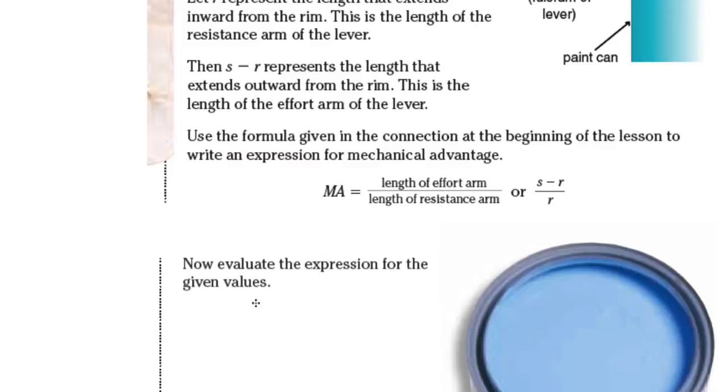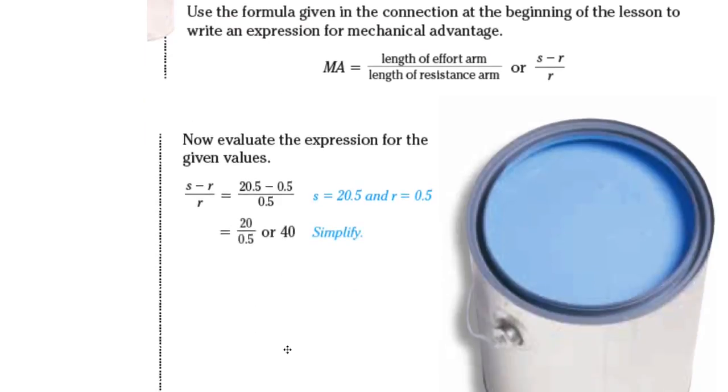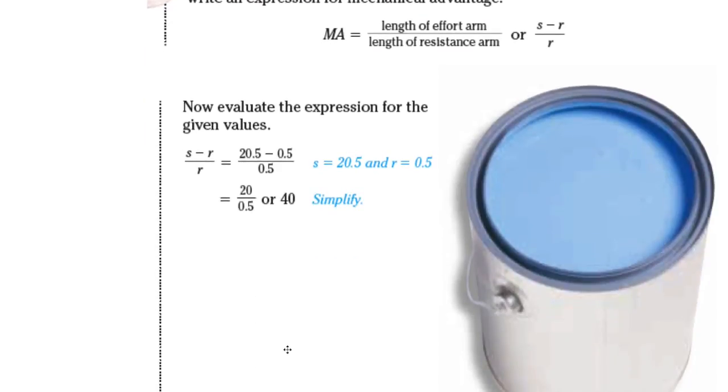So we want to evaluate for the given values using that formula. S is 20.5 minus 0.5, which is the length of our resistance arm, all over R, which is 0.5. Simplify that, we have a mechanical advantage of 40.